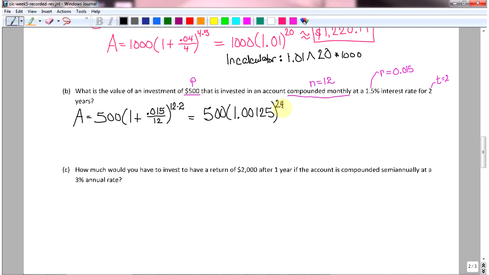Okay, so I'm going to raise that quantity to the 24th and multiply times 500, and this is giving me approximately $515.22.